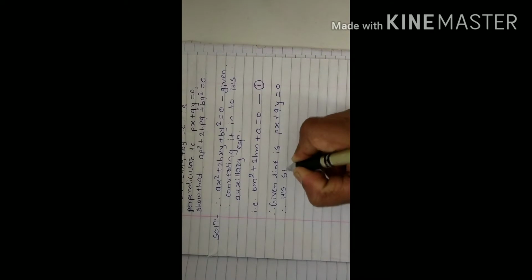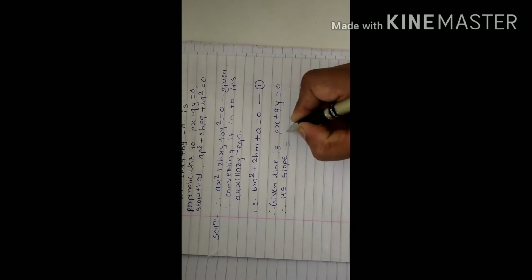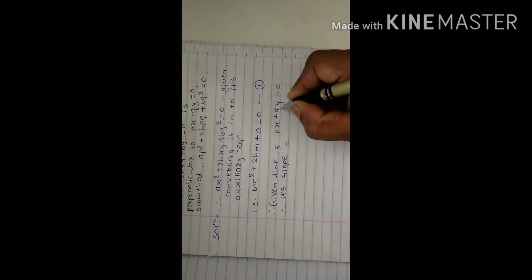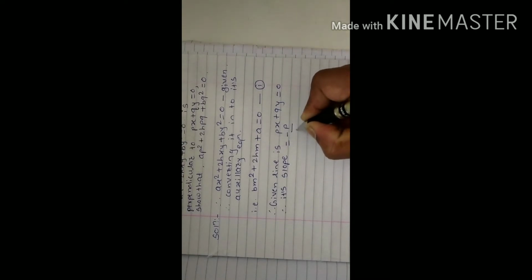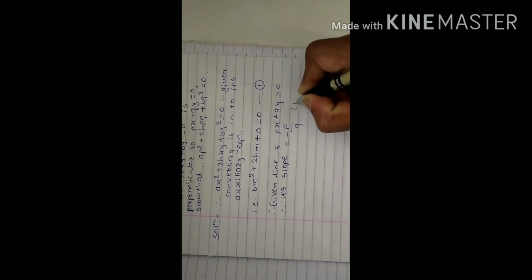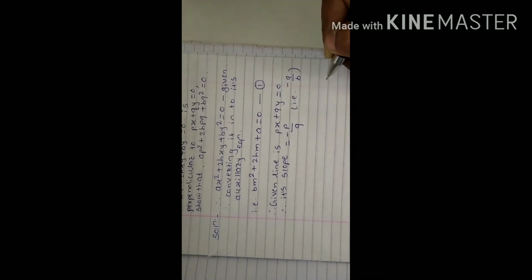Its slope is minus a divided by b, that is minus p divided by q.